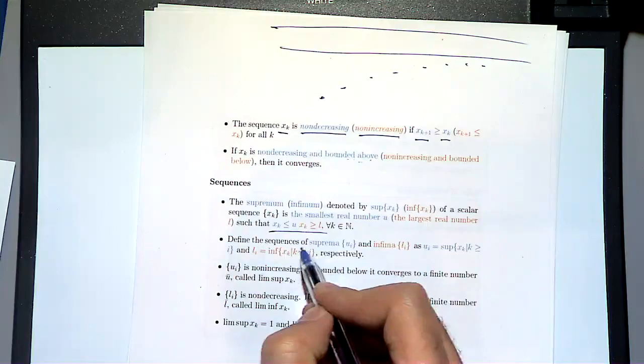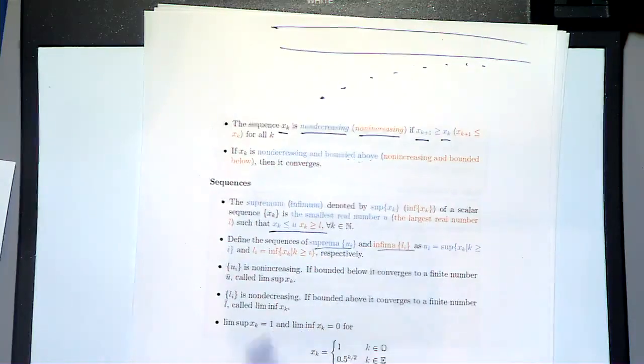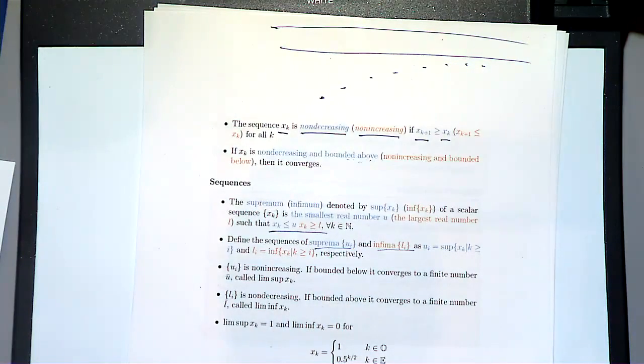We can construct the sequence of suprema and infima of a given sequence using this sort of definition. I can try to find the largest thing so far or the smallest thing in the future to be able to define these bounding sequences.